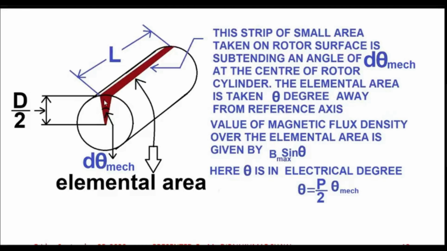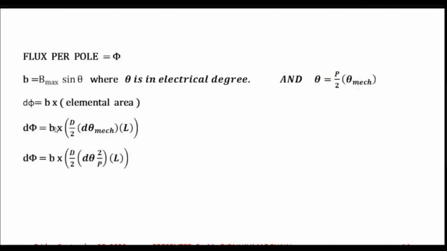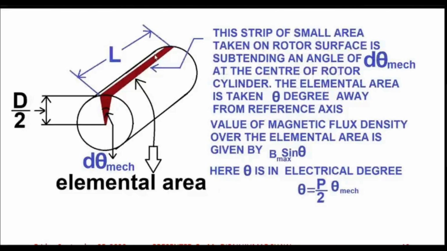Flux density into area, that means B into area. So area we have already computed, d by 2 into d theta mechanical into L. That is the area of this strip on the curved surface of the rotor. We are not taking any other area. We are only taking the area which is on the curved surface of the rotor.